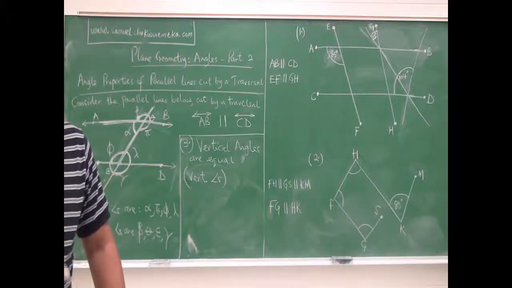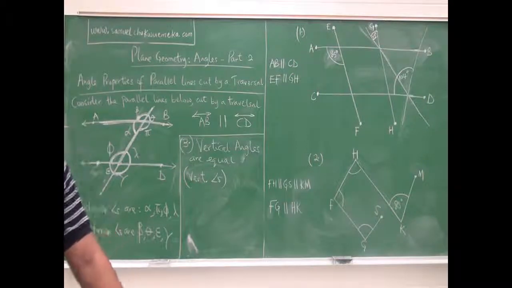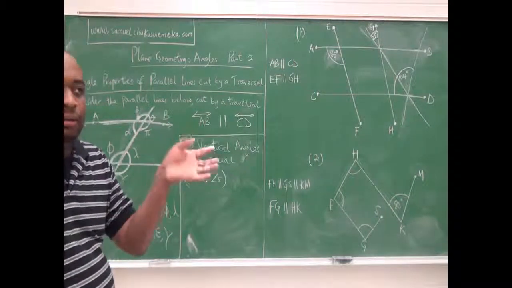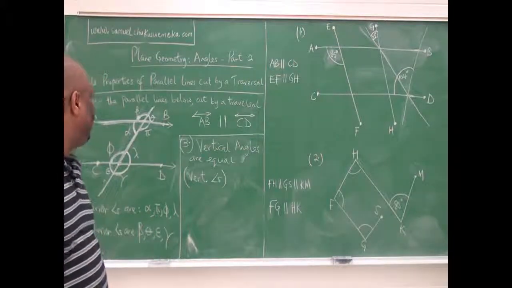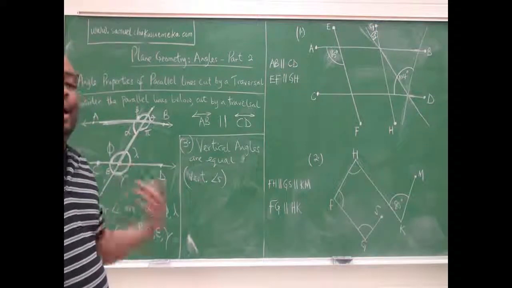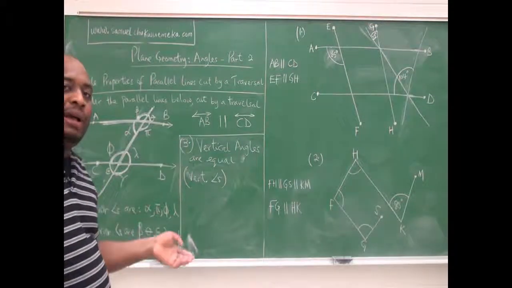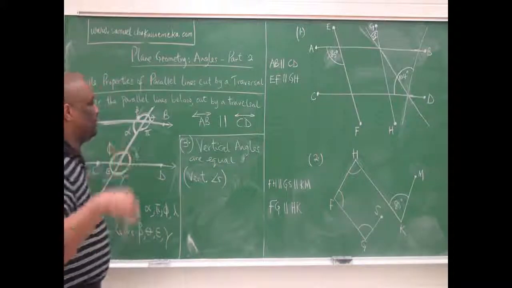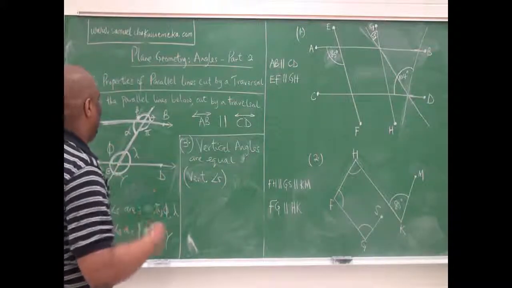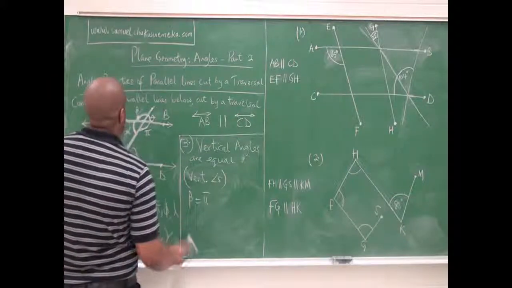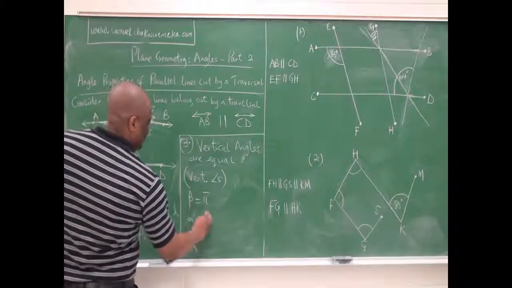At the point of intersection of the traversal and line AB, we have vertical angles. Then at the point of intersection of the traversal and line CD, we also have vertical angles. So for the intersection between the traversal and line AB, we have that beta is equal to pi, and then alpha is equal to theta.